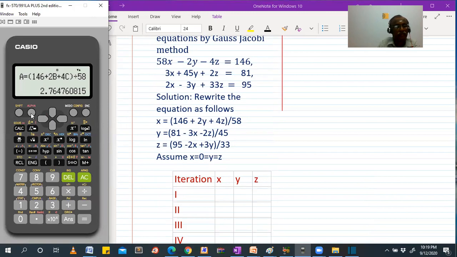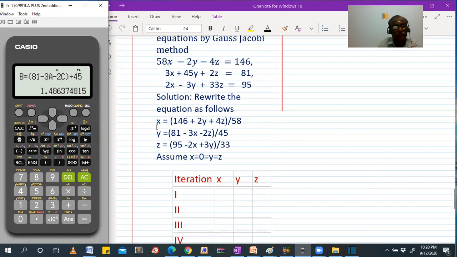For the equal to symbol, alpha calc will give you equal to, open bracket 146 plus 2b. B can be obtained by alpha degree symbol, plus 4c. 4 times c can be obtained by alpha hyp button, close bracket divided by 58. This will give you a.